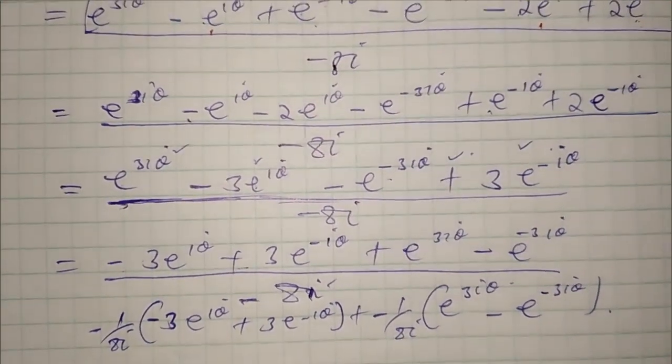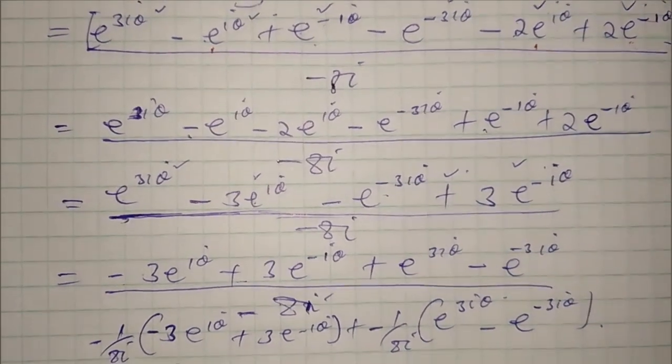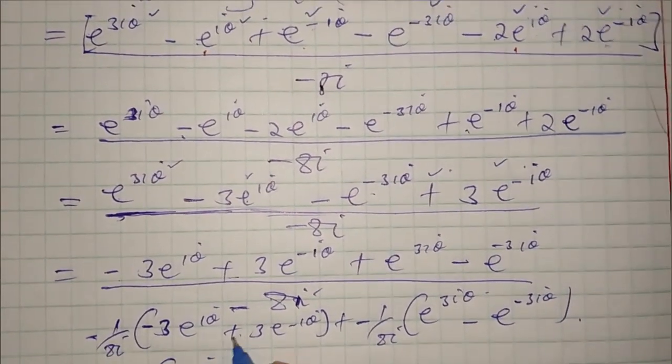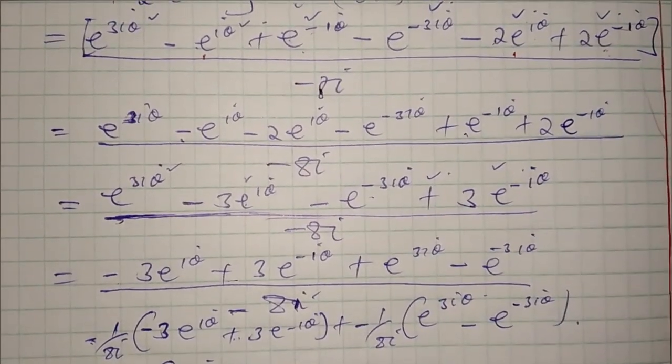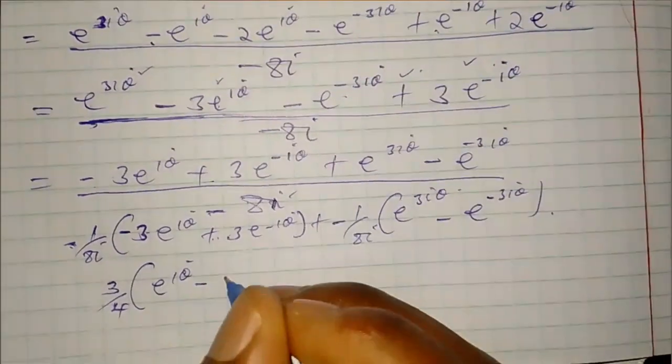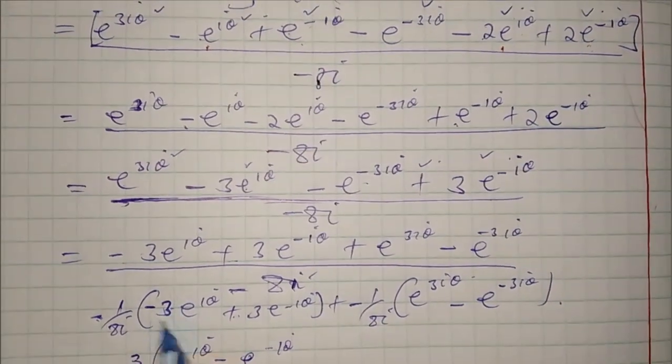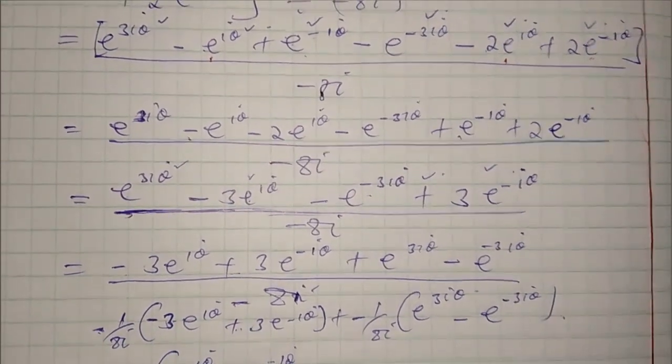3 over 4 into e iθ minus, negative positives are negative, negative negatives are positive, so e negative iθ. Remember I have factored this 3 out. This is 3.